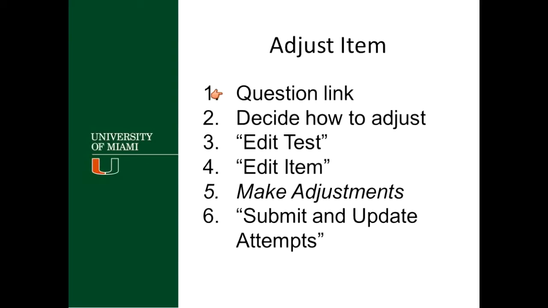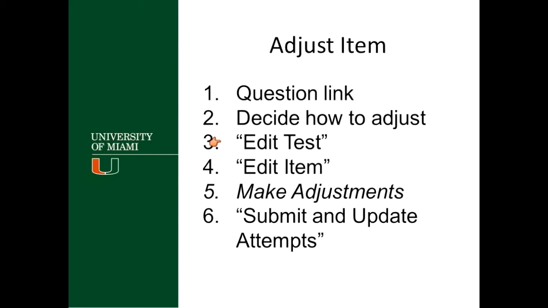And you look at that, and you look at the question, and you think about it, and you decide how to adjust it. Remember I said there were 3 ways. You could change the answer, you could give partial credit for one or more of the answers, or you can give full credit for the question no matter what anybody did.